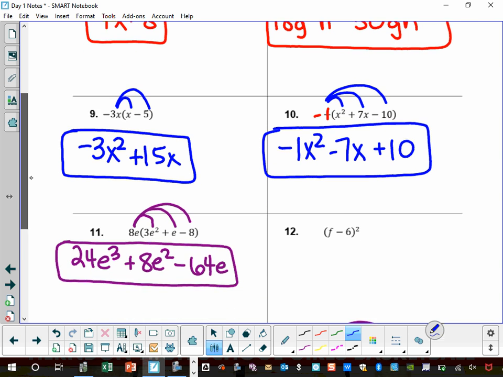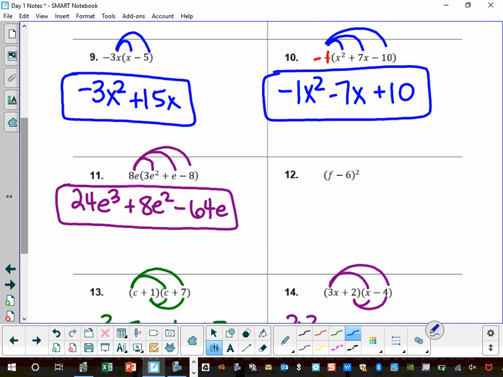Number 12 is on the board. When it says f minus 6 squared, that does not mean you distribute the 2. We will never do that. What that means is we have f minus 6 times f minus 6. Squared means that we just have it twice. That's like 5 squared is 5 times 5. So f times f gives you what?